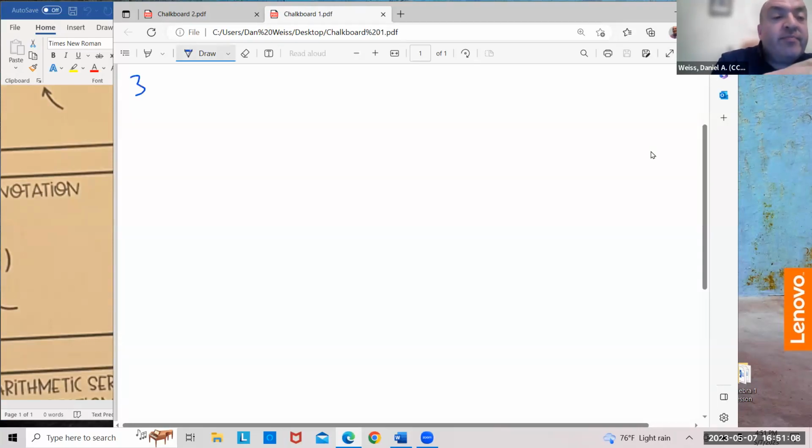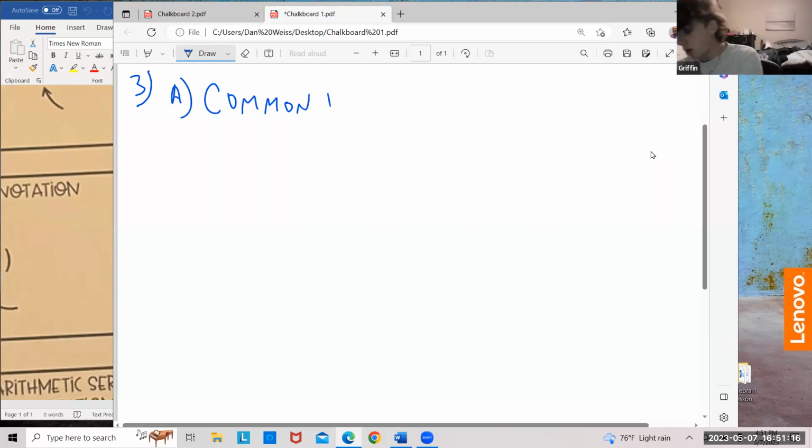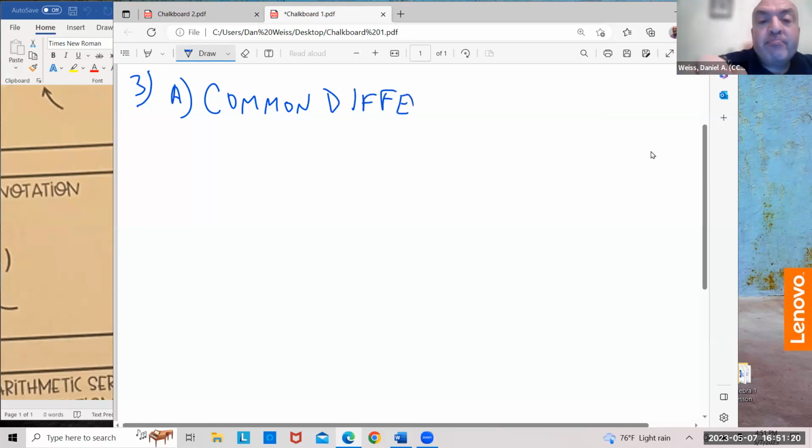Number 3, step A: what's the common difference? 4. Good. Okay, common difference is 4.